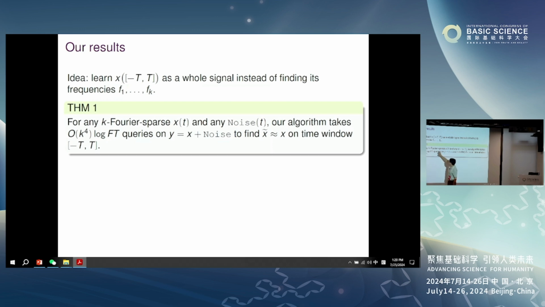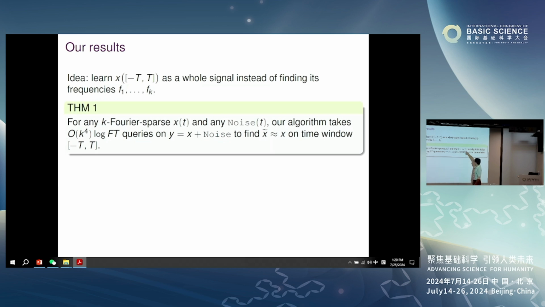This is saying, for any k-Fourier-sparse signal xt and any noise function, which could be adversarial, our algorithm takes basically k to the 4 times log fd queries on the noisy input y, that's the summation of the sparse representation and the noise, to find the approximation x tilde of x.